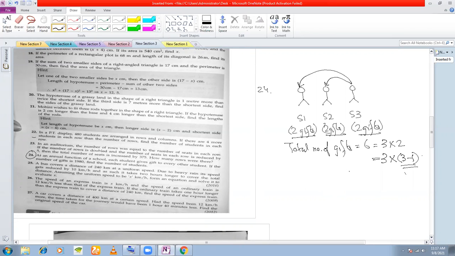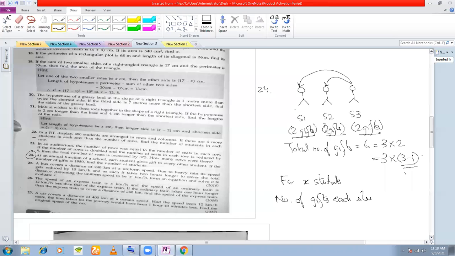So if I now extend this concept, suppose there were X students here, for X students, what should be the number of gifts? Anyone, can you tell me what should be the number of gifts for X students? X into X minus 1. I'm only talking about the number of gifts each student should bring.